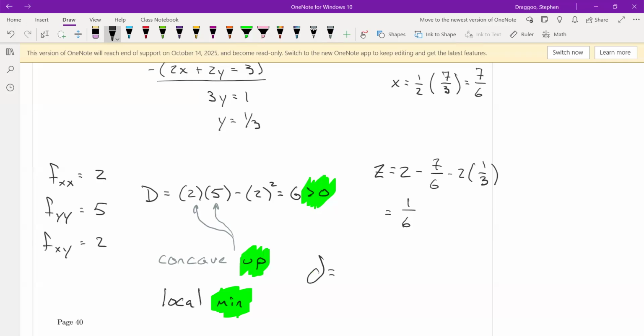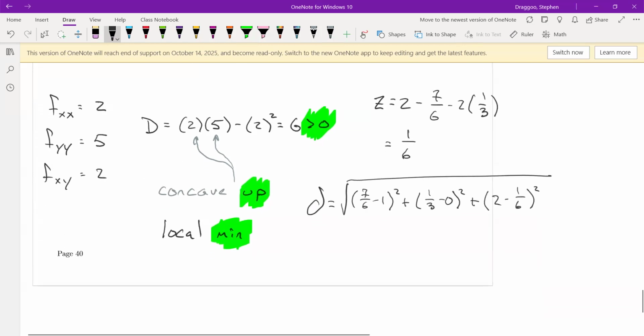So then the distance is the square root of 7 over 6 minus 1 squared, plus y, which is a third, minus 0 squared, plus, what was z? It was 2, right? So is that 2 minus 1 sixth squared? Which ends up being some number.